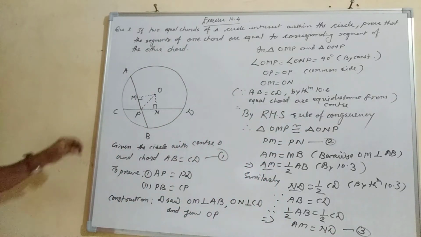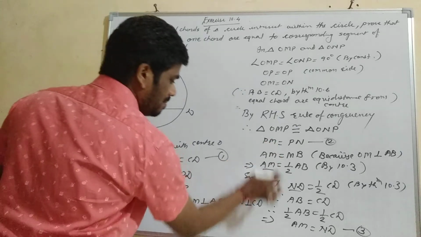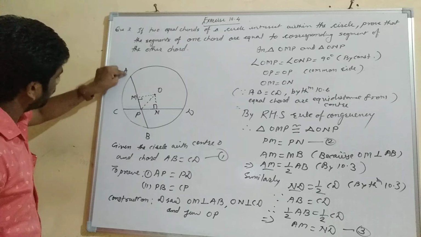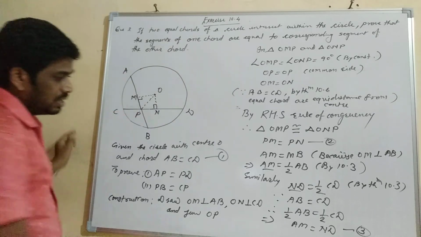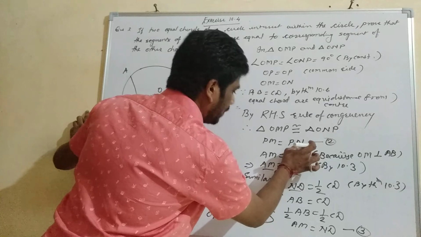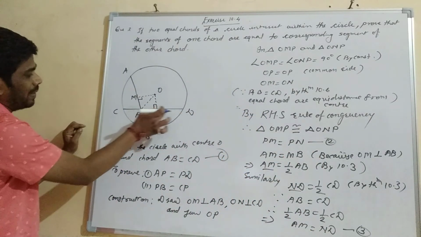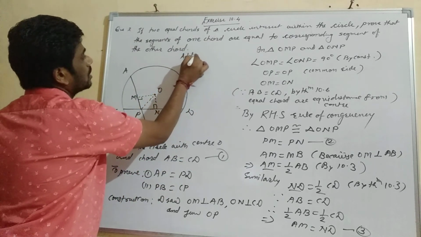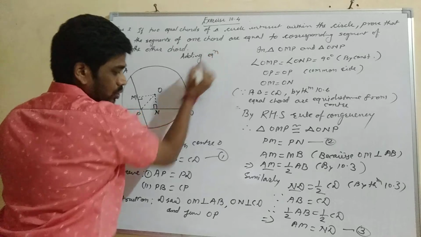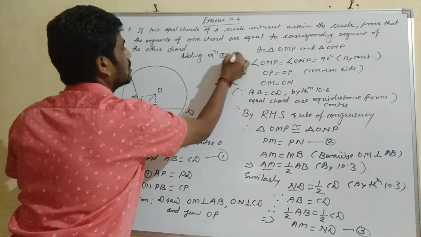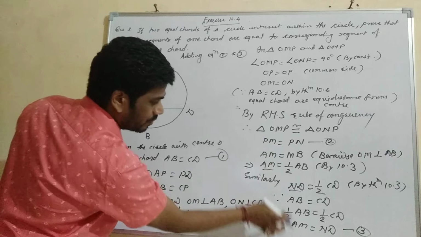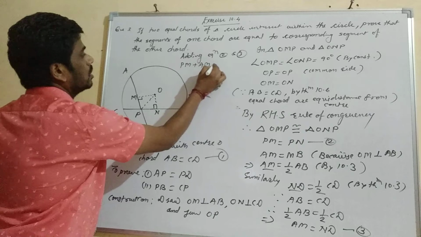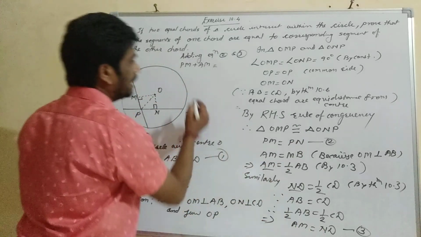Now we can add PM with the AM. On the left side, it will be AP, one segment. And on the right side we will add PN plus ND, which will be equal to PD. So adding equations 2 and 3, we add PM with AM: PM plus AM equal to PN plus ND.